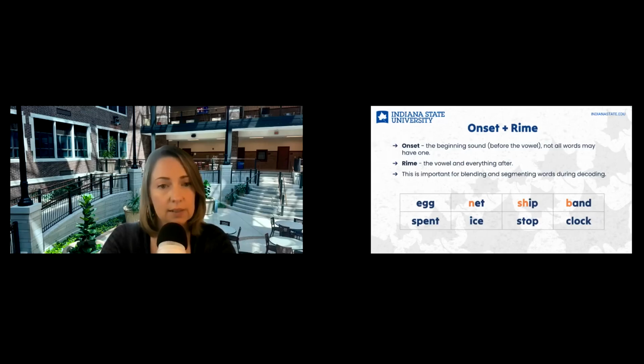Stop would be st, op, and clock, cl, ock. Again, this will only pertain to a small population of students within your classroom. But if a student raises their hand and asks how do I pronounce this word, this is how you can instruct them. You look at that first part of the word, everything from the vowel on, and you break it up that way and model that for them.